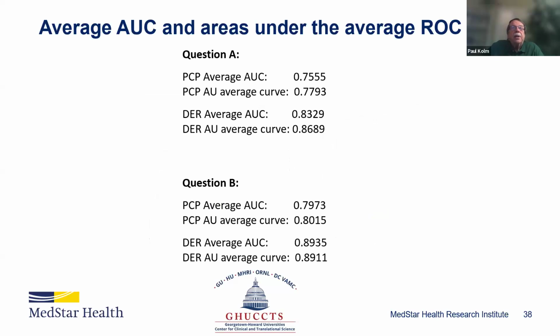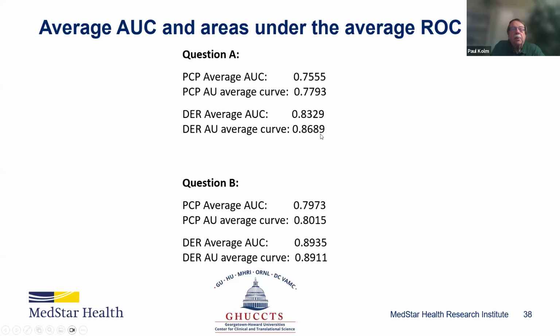And so if we calculate the average AUC versus the average area under the average curve, we can see that it's pretty similar, a little bit of difference. For question A, the average area under the curve is 0.75, but if we do the average area under the average curve, it's a little bit better.